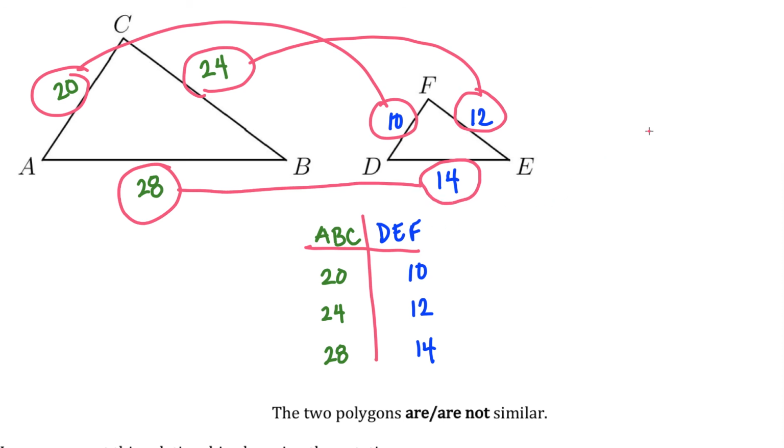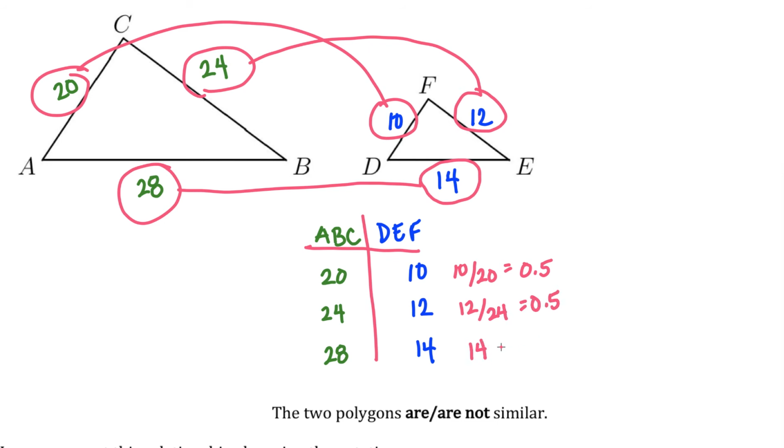This corresponds to 14. Now I just need to figure out what I'm multiplying by. You can see that it's just divide by 2, divide by 2, divide by 2. But remember, if we don't know what we're multiplying by, we have to divide. So 10 divided by 20 is 0.5. 12 divided by 24 is 0.5 when you're using a calculator.